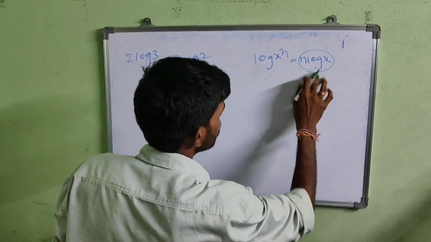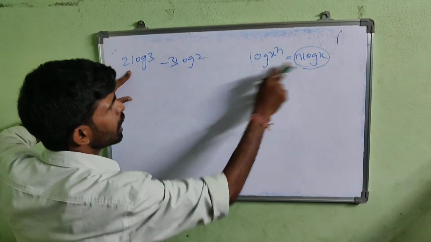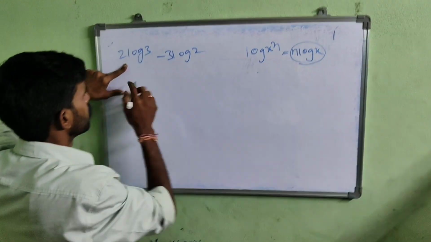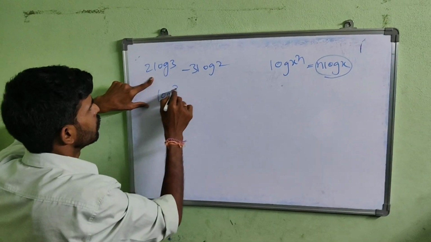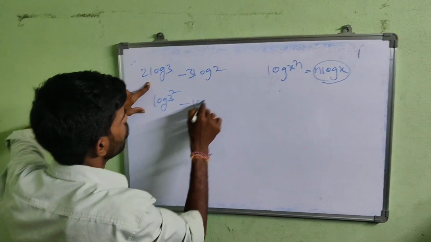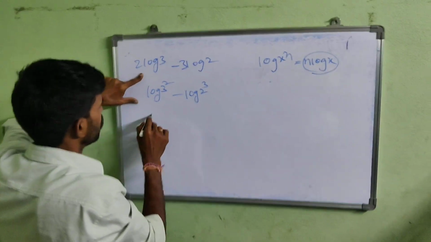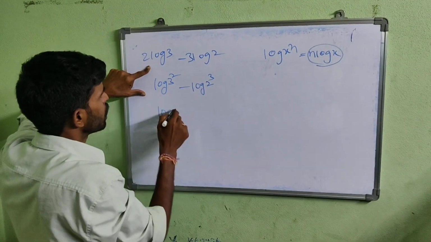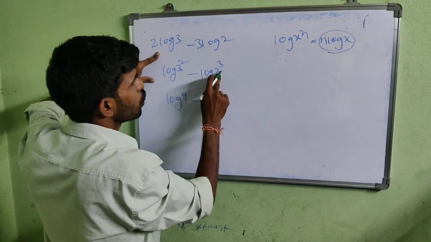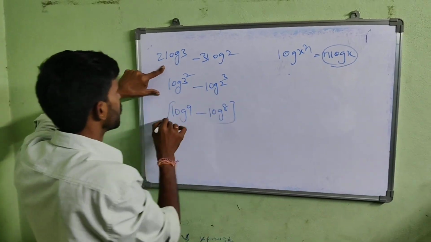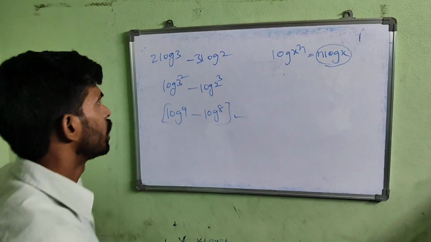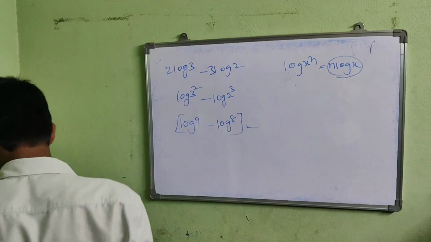We can write it as log of 3 square minus log of 2 cube. Log of 3 square means log 9, minus log of 2 power 3 means log 8. Simply completed. We need to write like this.